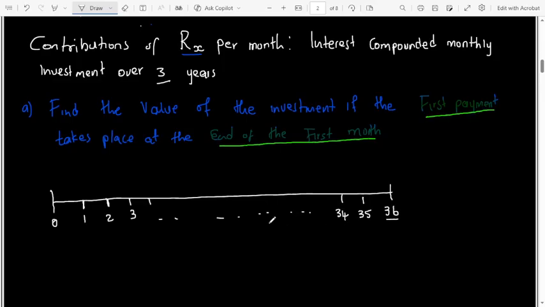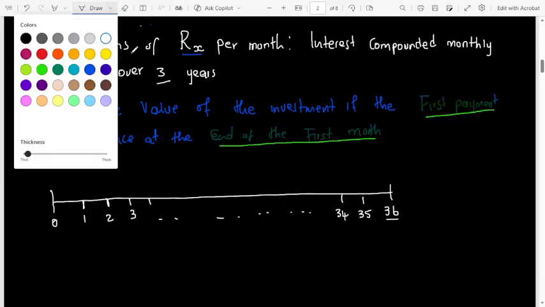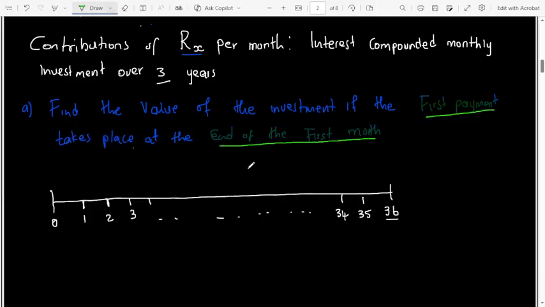So when you have your number line like this, when will the first payment be? We're going to make the first payment at the end of the first month. So this part here is the end of the first month.